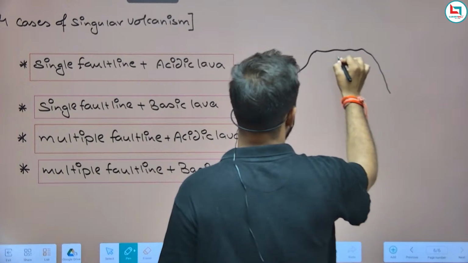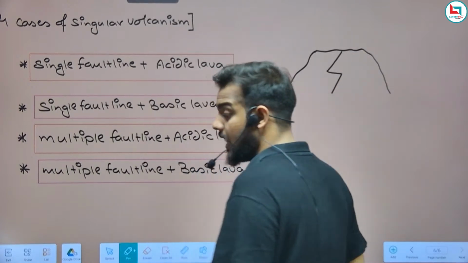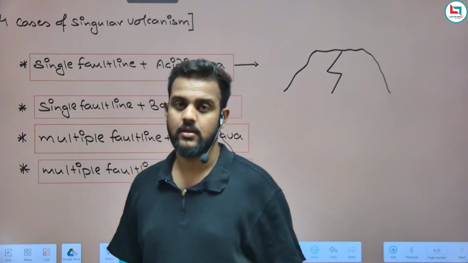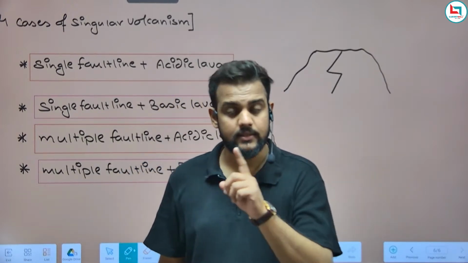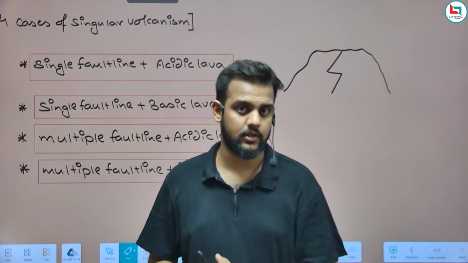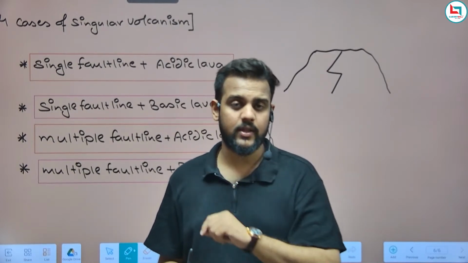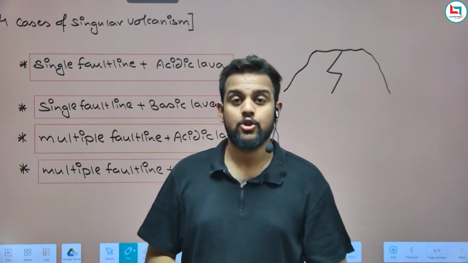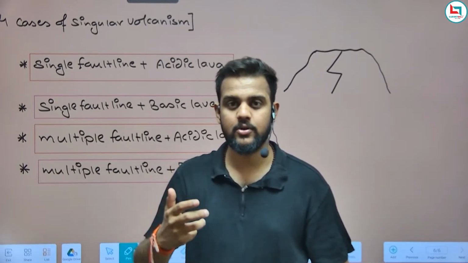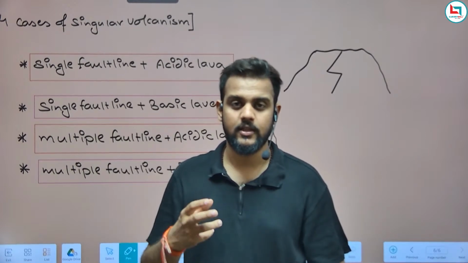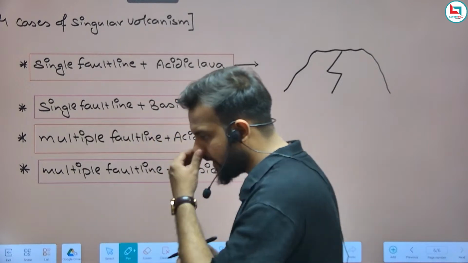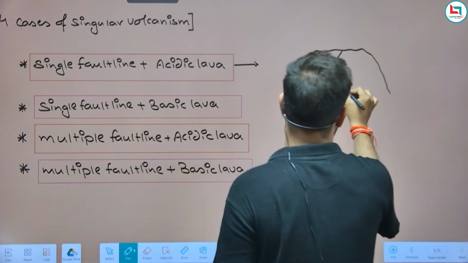Here we have a single fault line, and remember, singular volcanism is taking place. I have told you that in singular volcanism, a huge amount of lava came out from the surface of the earth. Remember one thing, it is the acidic lava. Acidic lava does not flow when it comes out from the interior of the earth, and it will solidify with time. This is the fault line.